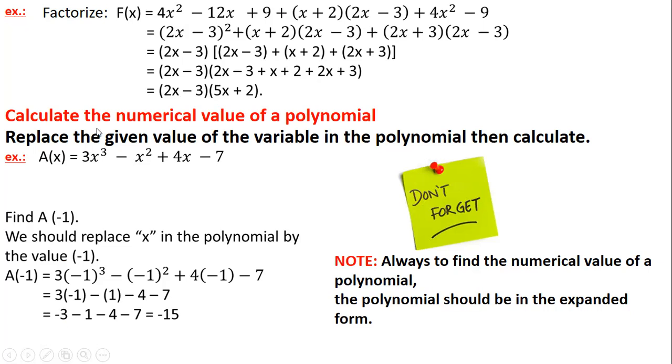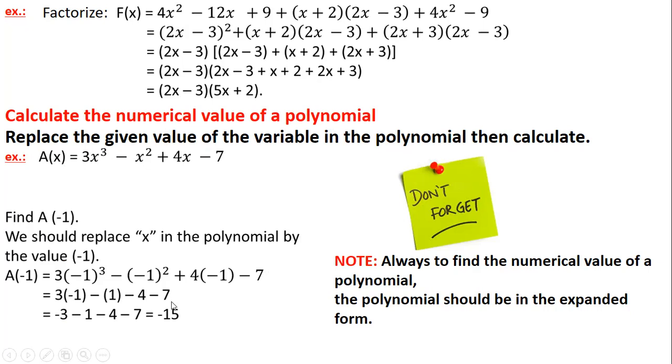Now, how do we calculate the numerical value of a polynomial? If we have a polynomial in X and I want to find its numerical value, we replace the given value of the variable in the polynomial, then we calculate. Given this polynomial A of X, we should calculate A of -1. So X in this polynomial will be replaced by -1.